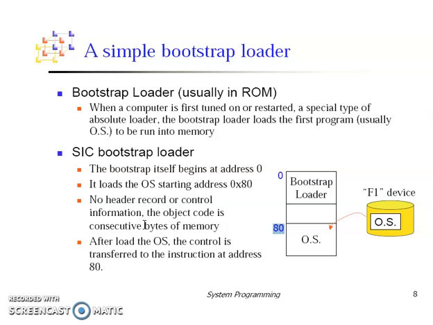No header record or control information is there; the object code is consecutive bytes of memory. After loading the operating system, control is transferred to the instruction at address 80, so that it can start its execution.